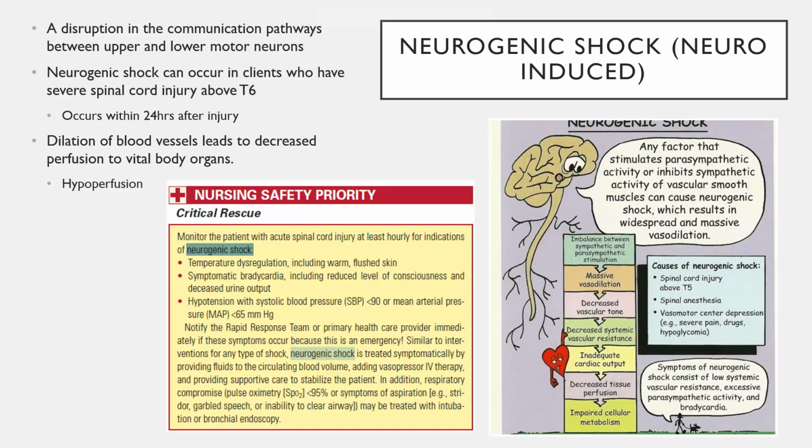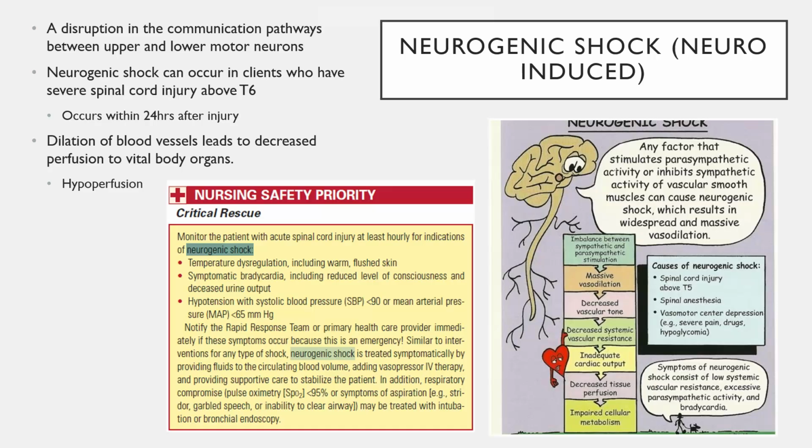Safety priority, or your critical response: monitor the patient with acute spinal cord injury at least hourly for neurogenic shock. Remember, with a T6 spinal cord injury, within 24 hours, they are at risk for that neurogenic shock. You're going to monitor them hourly.